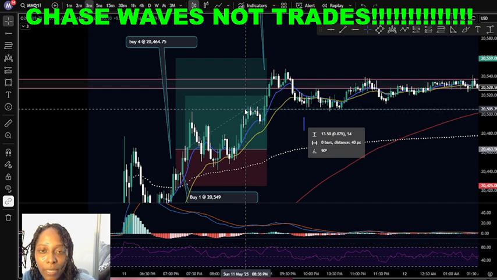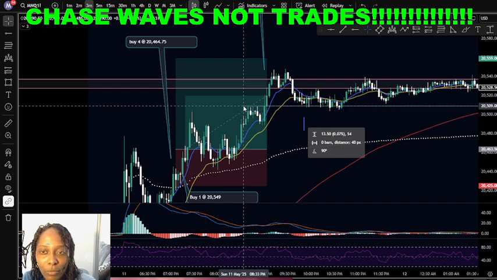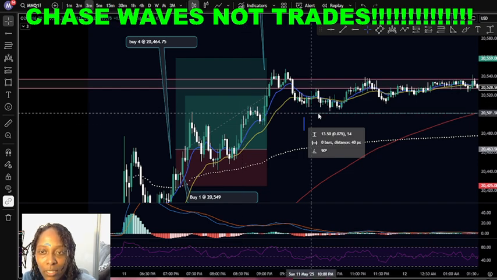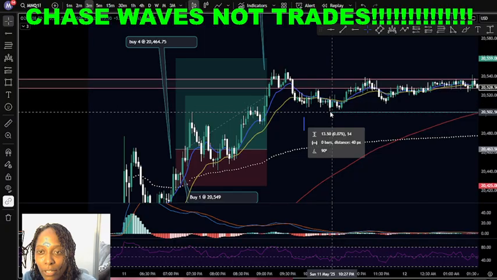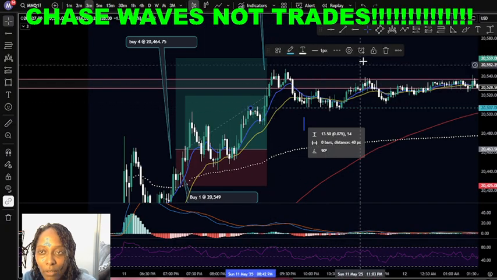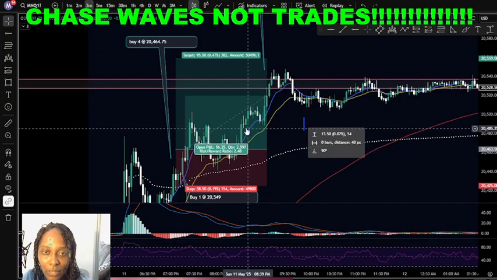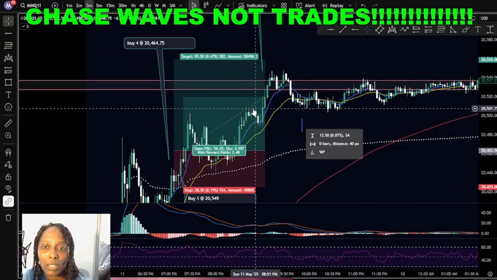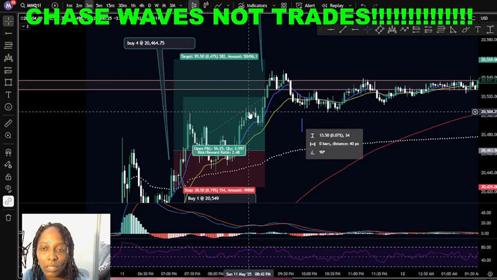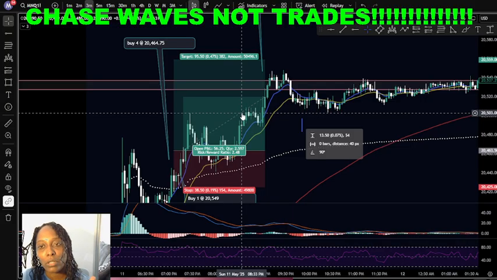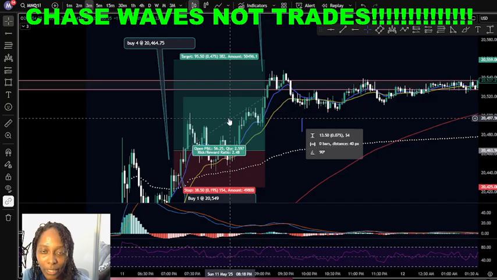Was I lucky enough to move my stop somewhere in the zone to where this white candle right here did not come and stop me out? That's the first thing you have to think about: am I going to get the correct stop-out level? If I move my stop up, will I have it low enough that if price does pull back, it respects my level and goes higher to finish out my trade?